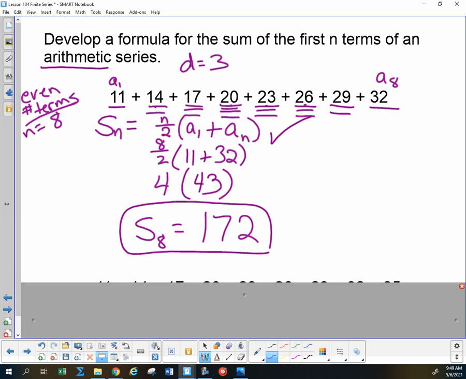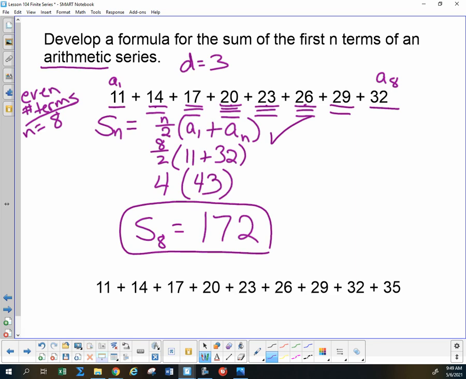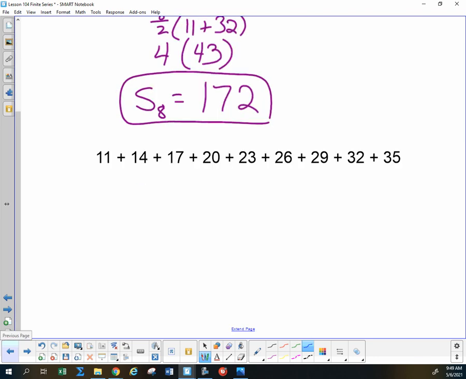But before we can say we have a formula, we need it to work with an odd number of terms also. So let's see what's going to happen if we now have an odd number of terms. So basically I've just taken the same series and added another term to it. So now I have an odd number of terms, and specifically I have 9 terms this time.